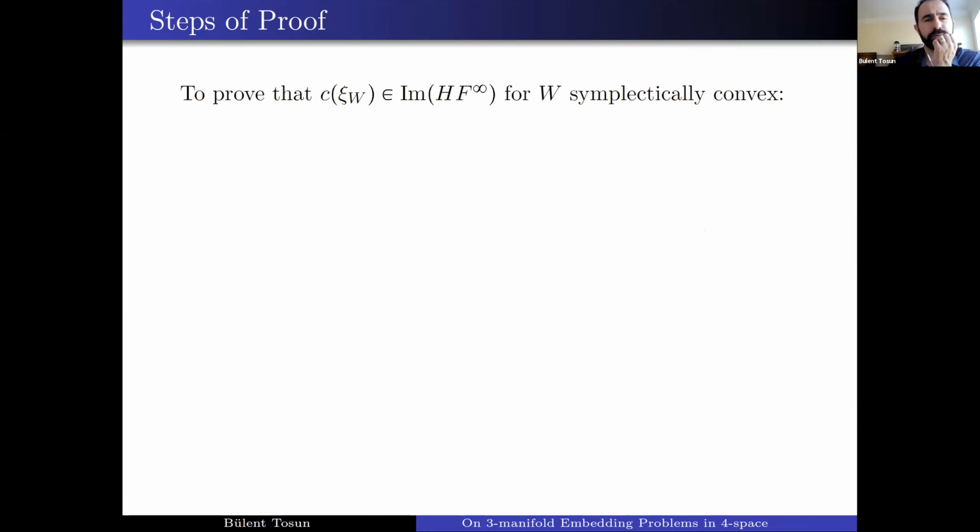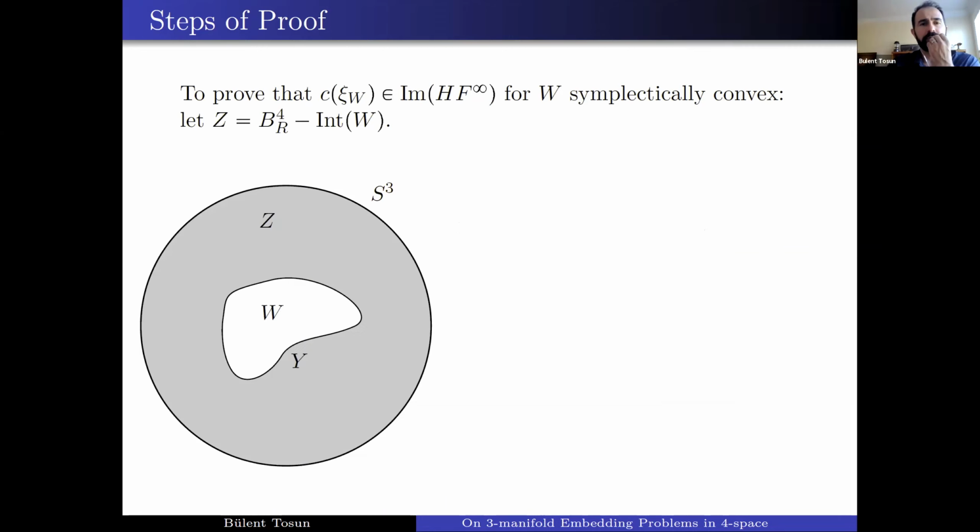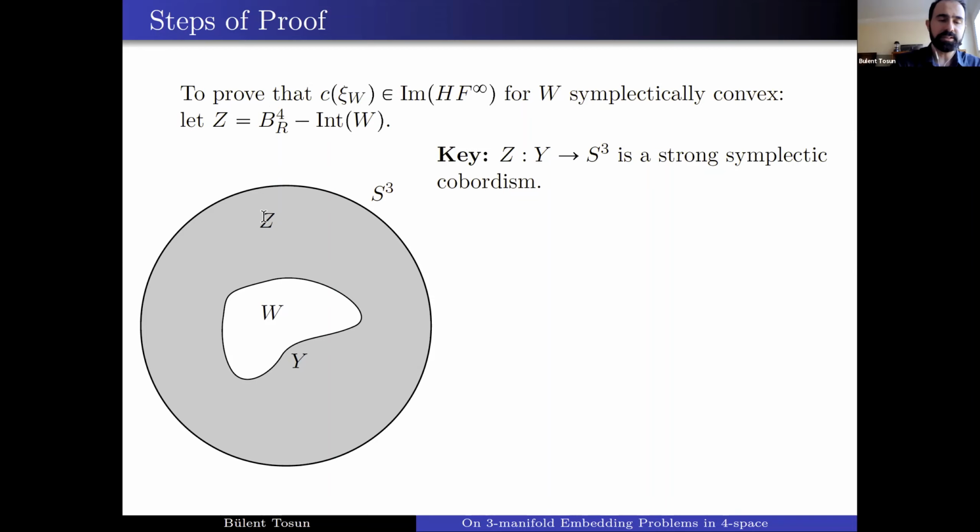So, proof of this theorem. Consider W, a symplectic convex domain in R4, and take a large ball B_R4 whose interior contains W. Look at the region between W and S3, and call it Z. Now the key observation: this cobordism Z, if you equip it with the standard symplectic structure, is indeed a strong cobordism.